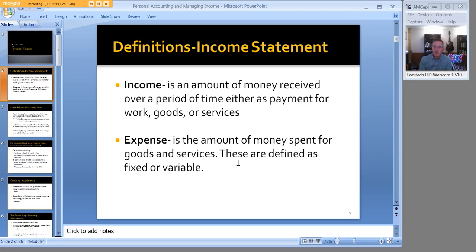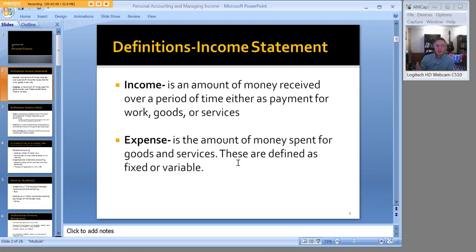On an income statement, we see two things. The first is the income. In a business context, that would be the revenue coming in. That's an amount of money received over a period of time, either as payment for work, goods, or services. The next thing that we see on the income statement, underneath it, is expenses. That's the amount of money that's spent for goods and services, and they're usually defined as fixed or variable. A fixed expense would be something like a mortgage payment or a cable bill.